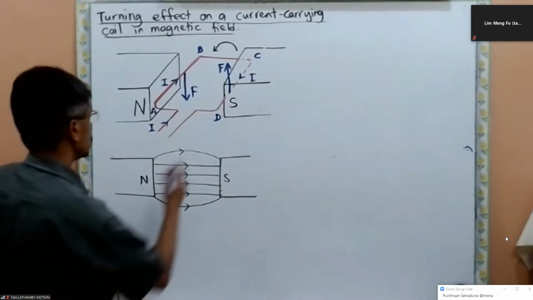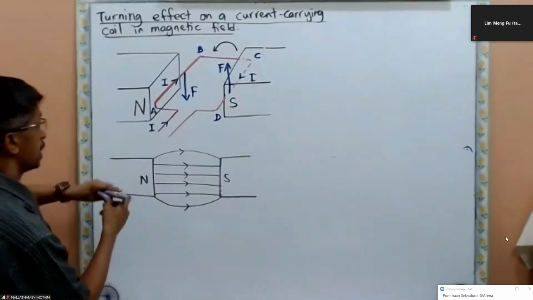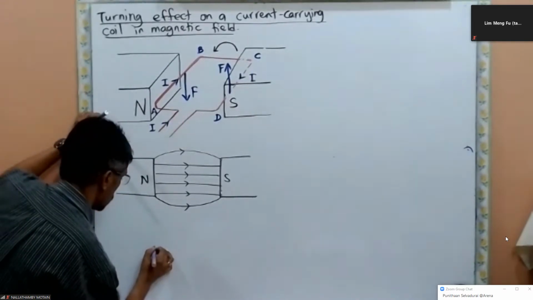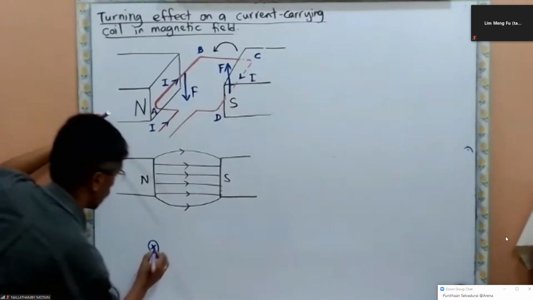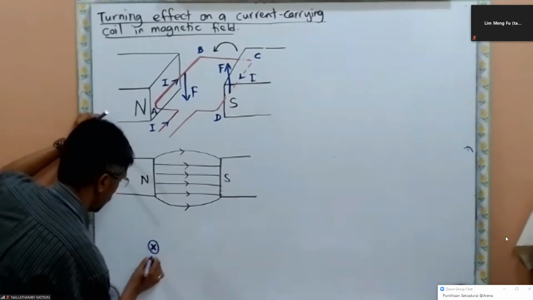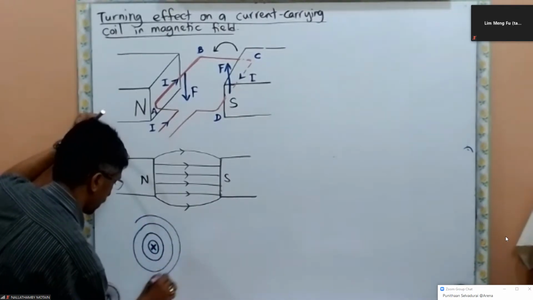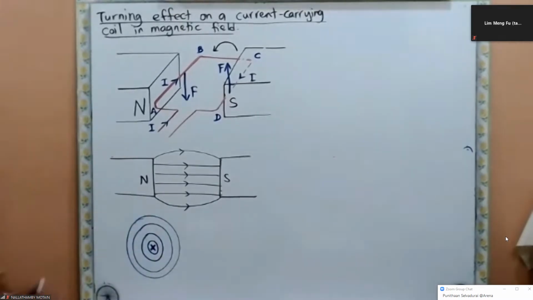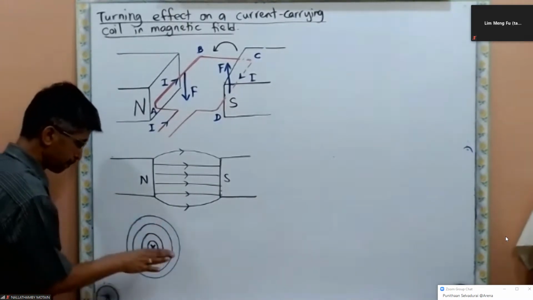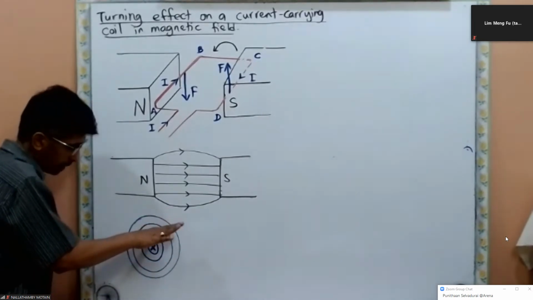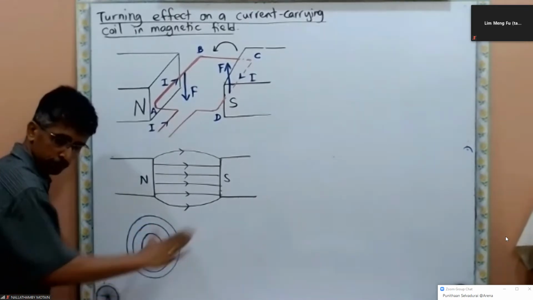So on the left hand side, current is in. So current in, I put a cross. Current is in, and then the magnetic field is clockwise or anti-clockwise? Use the right hand rule.